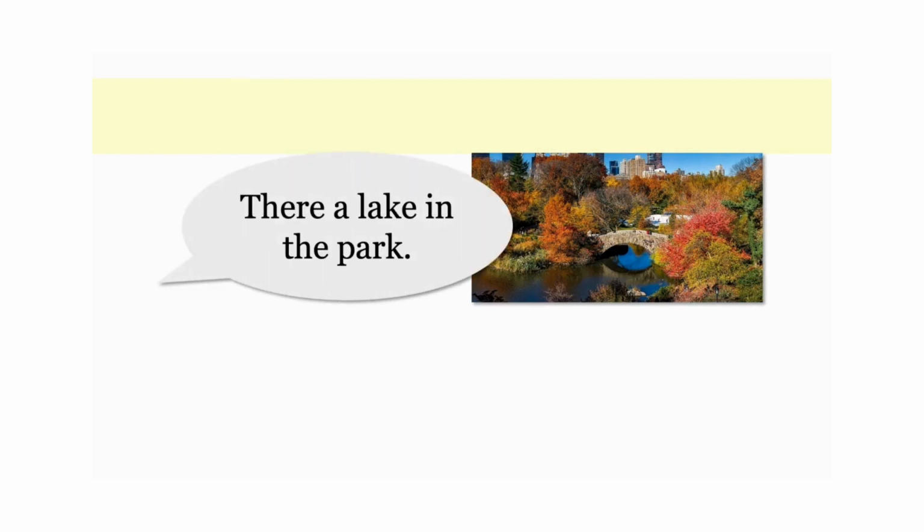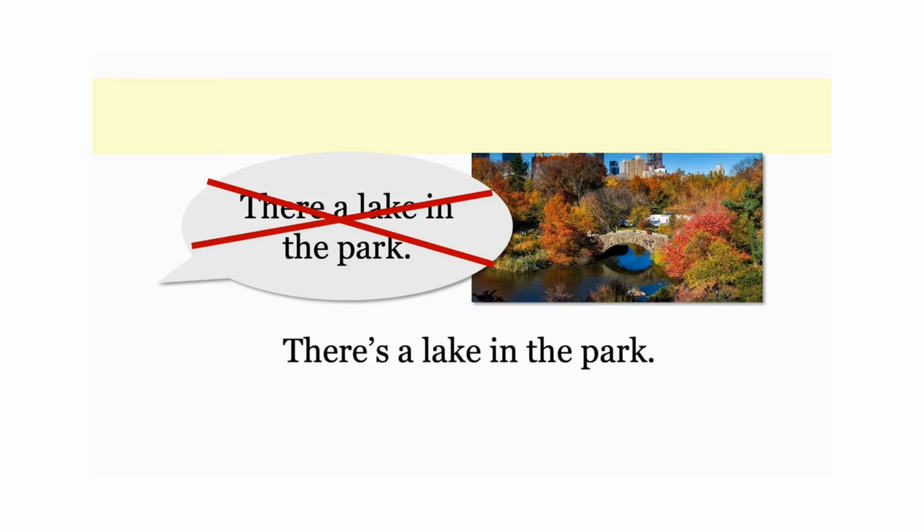You might think you hear, there a lake in the park, but you probably don't. This is incorrect. There's a lake in the park is correct. Listen again. There's a lake in the park. When you hear it, the S may sound very small, but it's there. We need that be verb. There's a lake in the park.